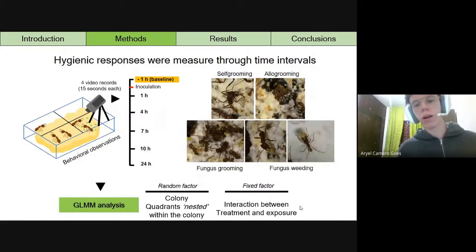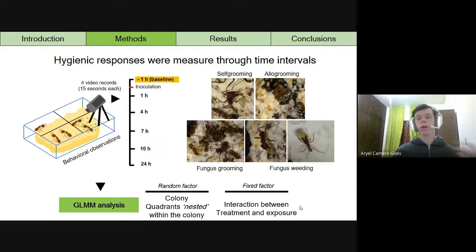To measure how the colonies react under these challenges, we measured their hygienic behaviors commonly applied in these cases. We selected the common hygienic behaviors to remove the contaminants from the ants, which are self-grooming and allo-grooming, and to remove those contaminants from the fungus garden, which are fungus grooming and fungus weeding.